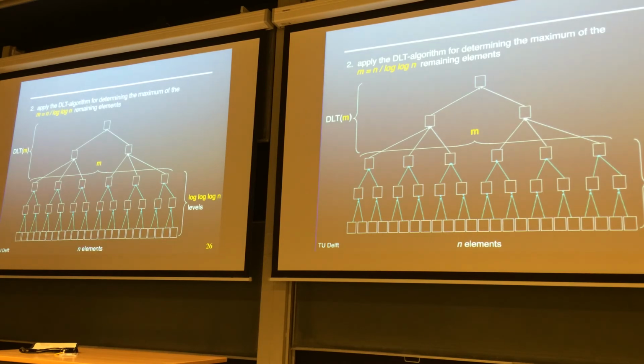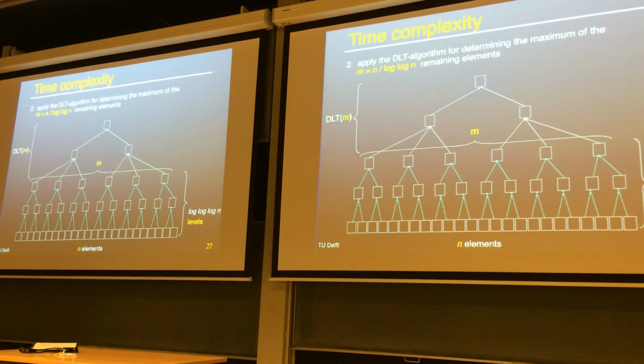Now note that the amount of work we need is m times log m. m times log m now is less than O of n, because n divided by log n times log n is a number that's not more than n.